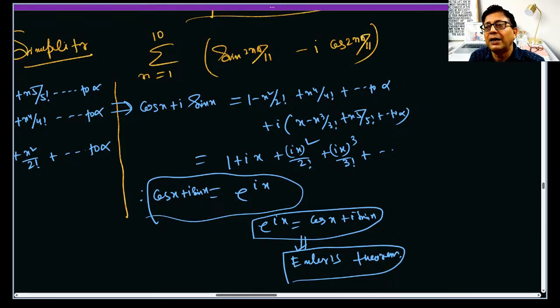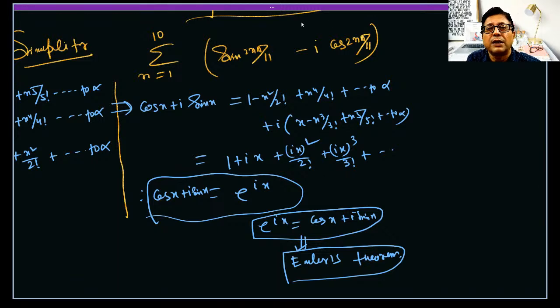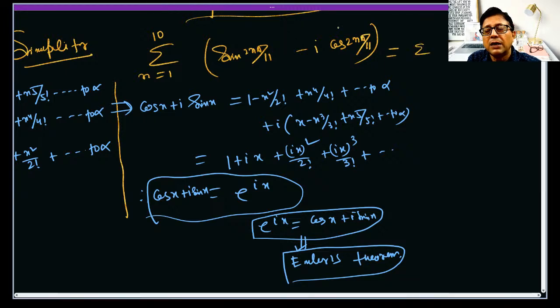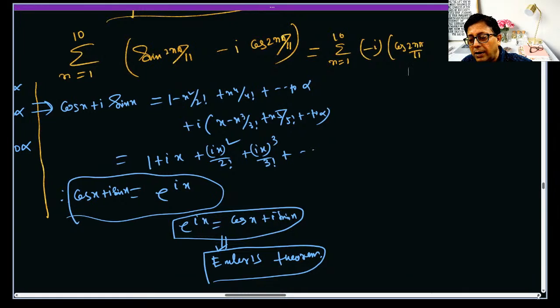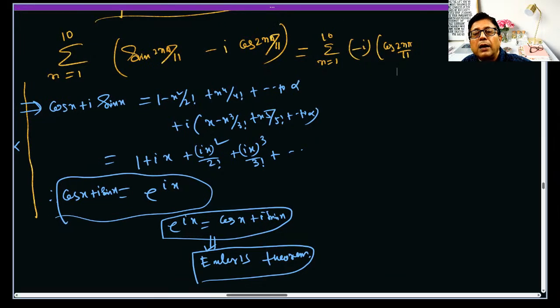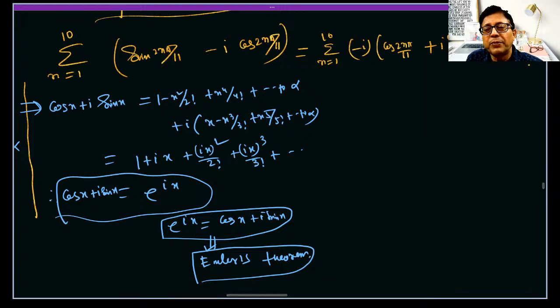You can write this as sigma n equal to 1 to 10, taking minus i as common, of cos 2nπ/11 plus i sin 2nπ/11.